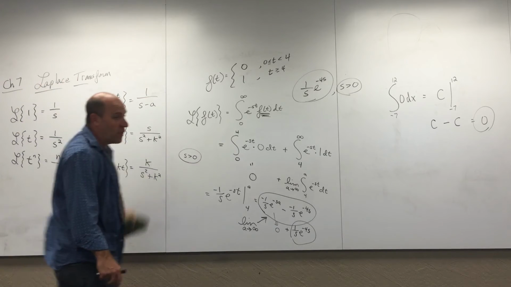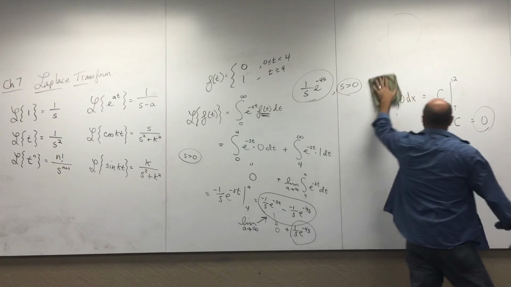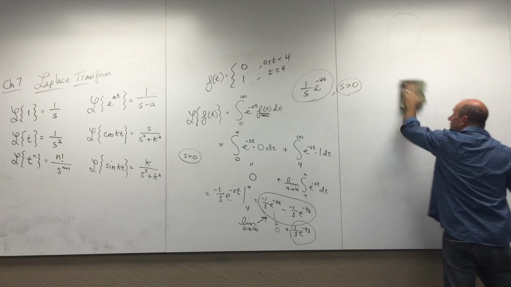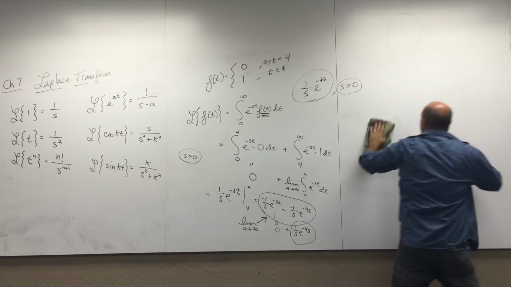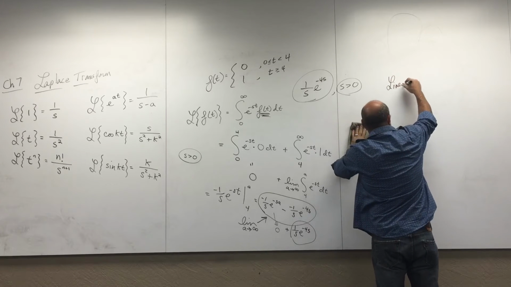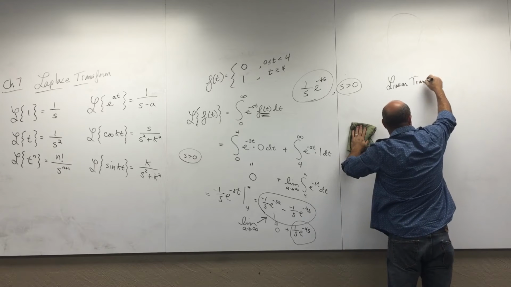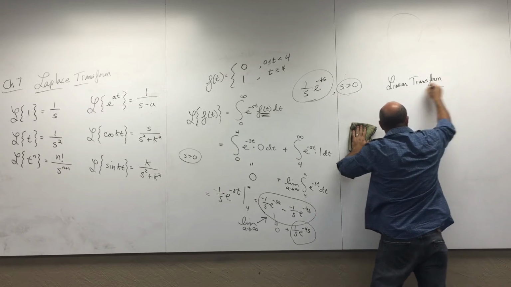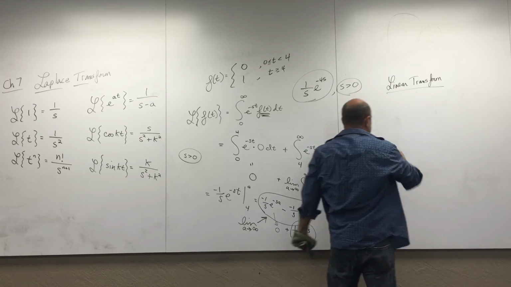the Laplace transform is a transform. It's a transformation. It's a linear transformation. Again, you may not exactly know what that means. It is a linear transform, and I'll tell you what it means.